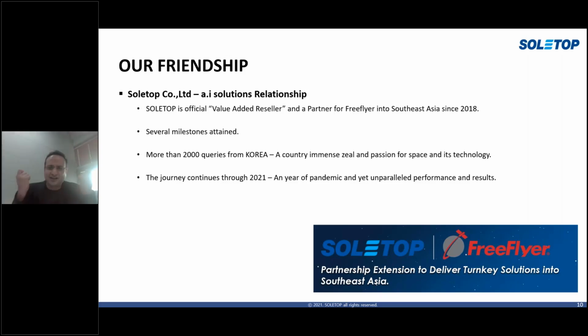embedded in the minds so deeply that we had to compare both ends: what the SDK would offer and what FreeFlyer is offering. Making a contrast, our team made a lot of effort studying the entire FreeFlyer software, then implementing it internally inside Soletop, making a lot of demonstrations, making a lot of notes in Korean language, and making live demonstrations to the customers, where a lot of Q&As happened.